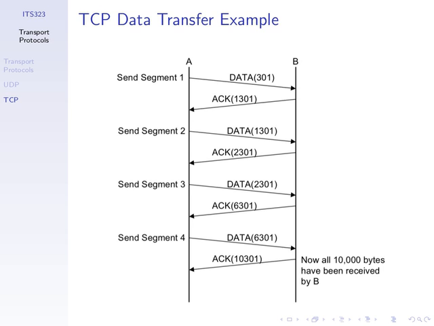Alternatively, it could have been like this: send 4 segments. And the receiver may make a decision, let's not send an ACK for every segment received, let's wait some time, and perhaps send an ACK for every 2 segments received. Do not send an ACK after the first segment, send after the second one, and so on.